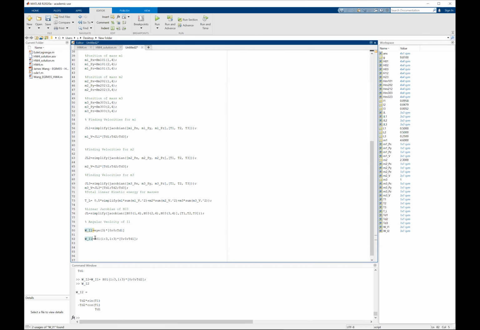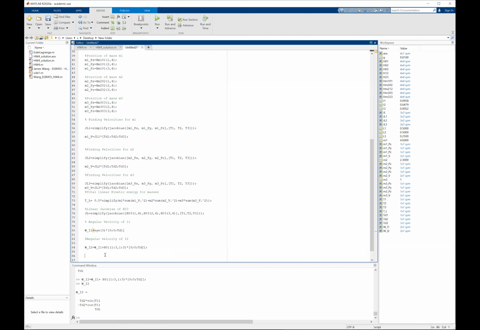WI2 is equal to W_I1 plus H01 and TD2. So this is the angular velocity of I2.